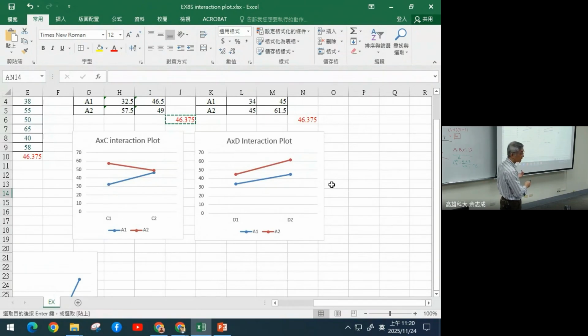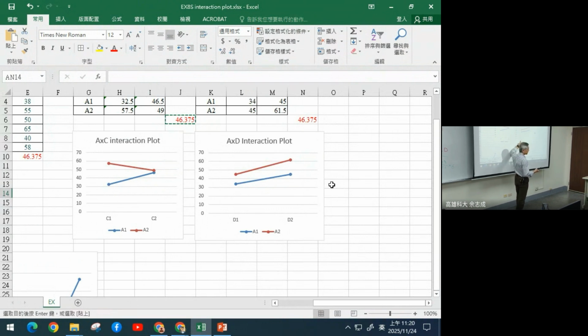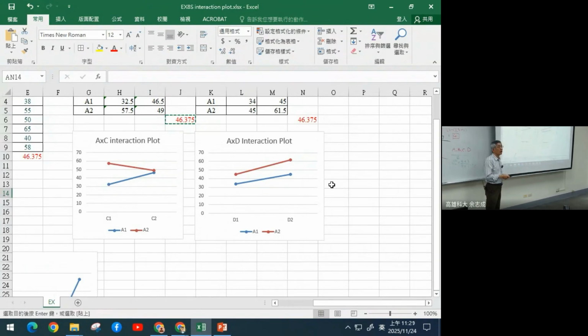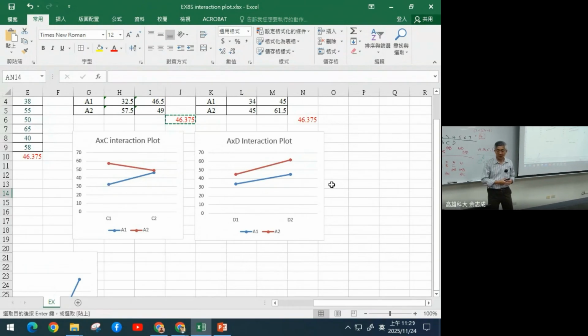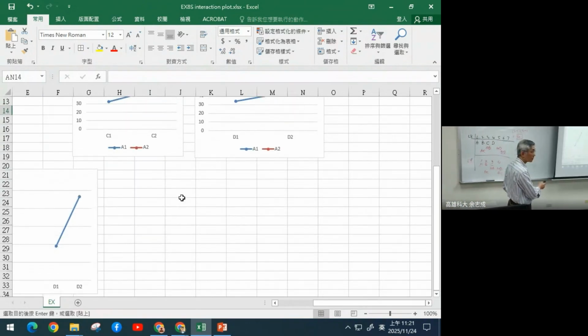They are synergistic interaction for A and D. Even though they are synergistic, if I ask you whether D1 or D2 is better, you will give me the same conclusion that D2 is better than D1, even though there are two lines. These two lines tell you the same thing: D2 is better than D1, and that conclusion is the same as the effect plot.